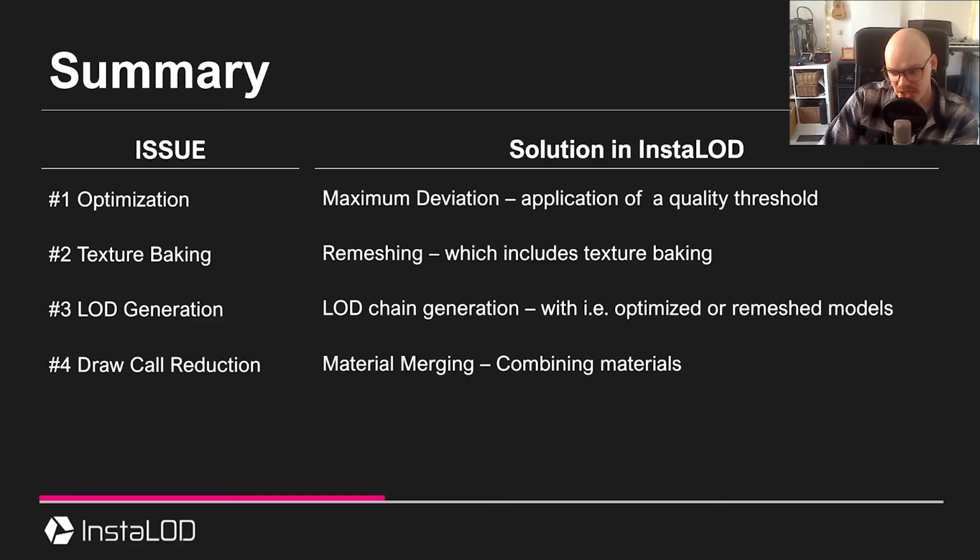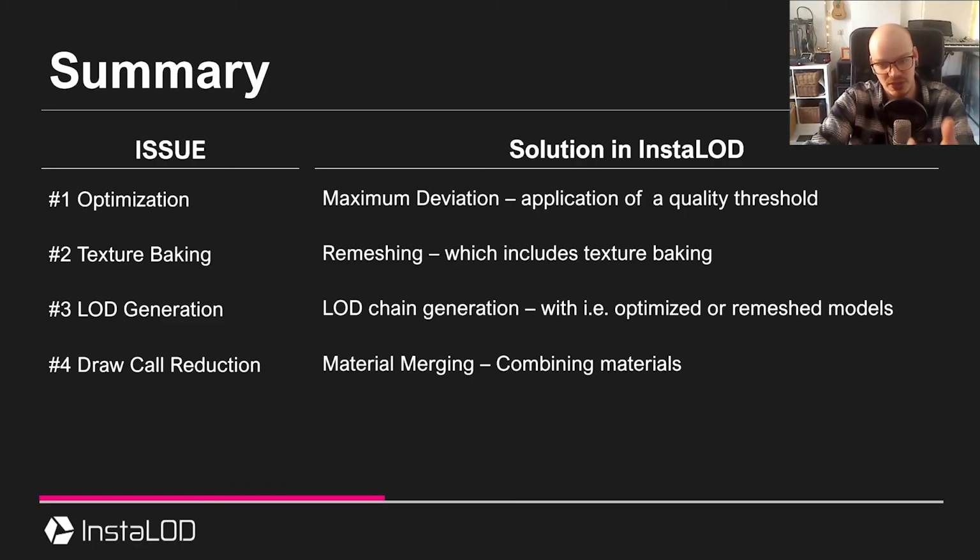Generating your LOD zero with textures, generating LODs, and then finally, once you've maybe kit bashed your scenes or done your set dressing, you can then finish off your entire scenes with draw call reductions by using the entire InstaLOD toolkit.